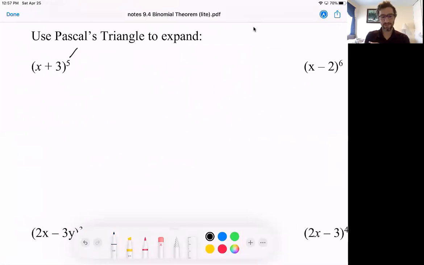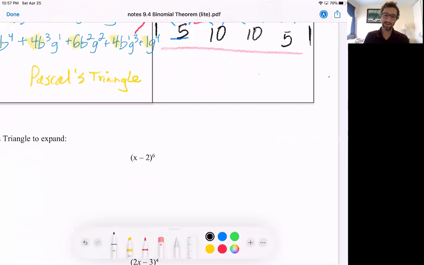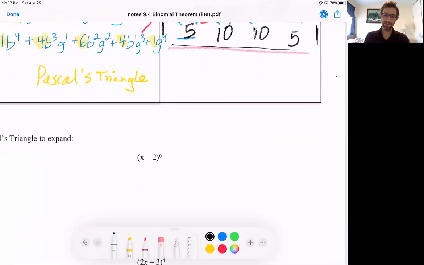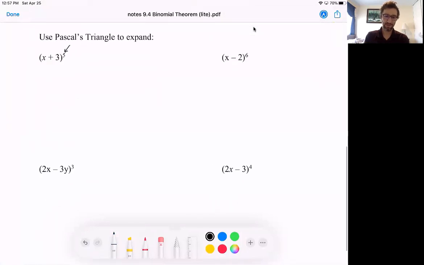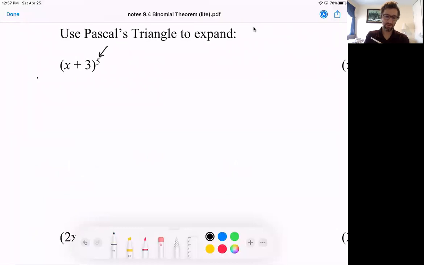So this is a 5. So I'm going to start, and I'm going to go vertically just to keep it organized so it's easier to read. Those coefficients that we just had are these right here. So I'm going to write all those. So we have 1, 5, 10, 10, 5, 1.